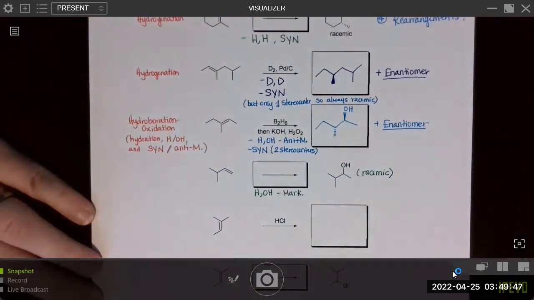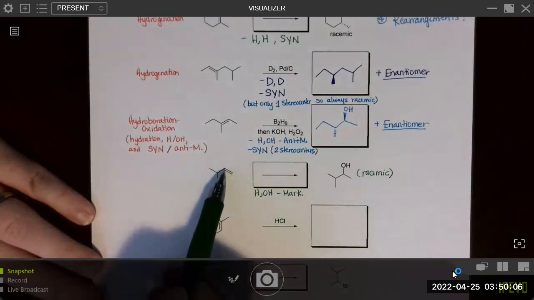We have not indicated that this technically is a racemic mixture. So how do we do this? Well, there are two conditions to do Markovnikov hydration. You can use acid catalyzed hydration with H3O plus or oxymercuration demercuration. Oxymercuration demercuration is useful when you're concerned about rearrangement.